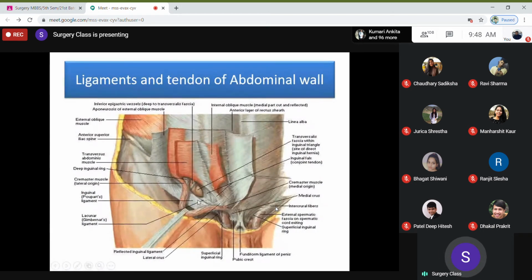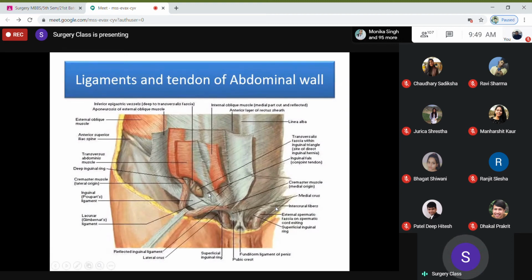This is the transverse abdominis, this is the internal oblique, and this one is the external oblique. So this is the first layer, the second layer: the outer layer, the intermediate layer, and the innermost layer.